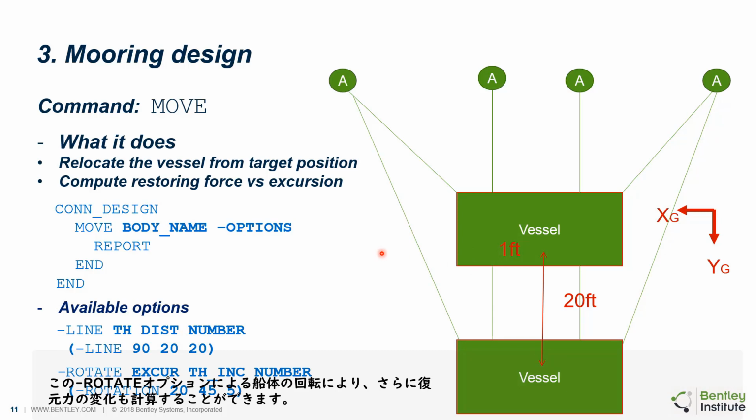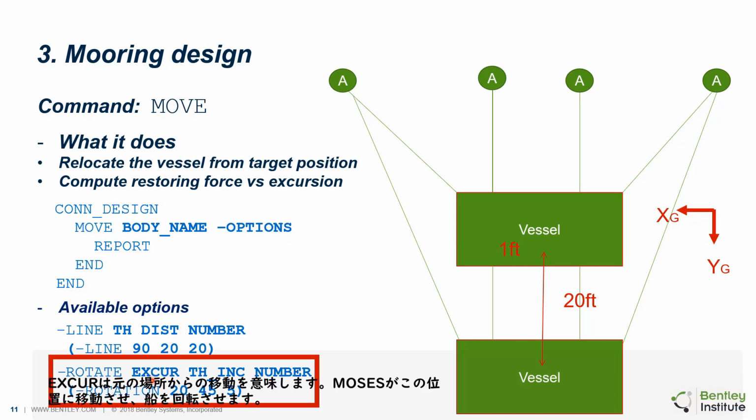And we also can compute the variation of restoring force due to the rotation of the body with this minus rotate option. Here, EXCUR is the excursion from the initial position. MOSES relocates the system at this position. Then, the vessel will rotate.